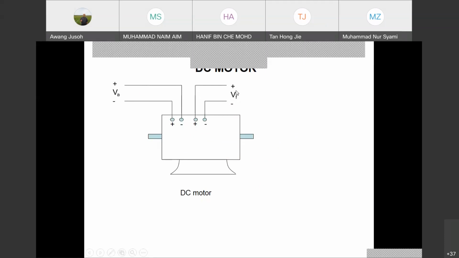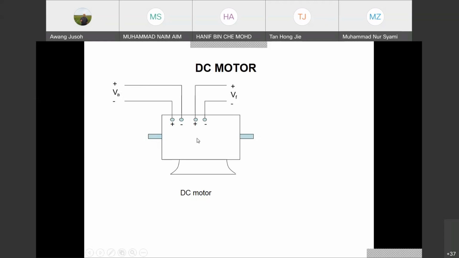So we got the main flux for the machine, and the current flows through the armature circuit, and we know that when you have current and flux, what happens to the motor? Use the right and left hand rule of Fleming. When the conductor carrying current is exposed to the flux, it will experience force, and torque will be produced.